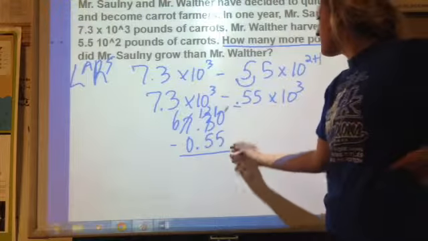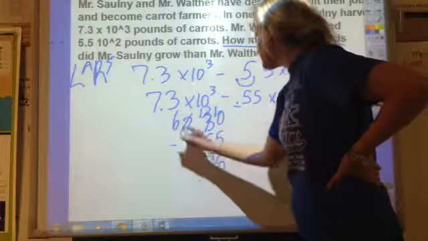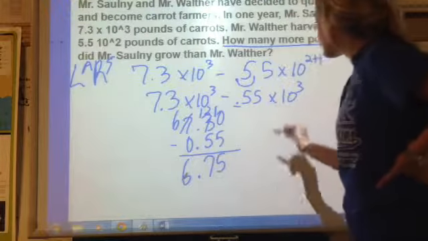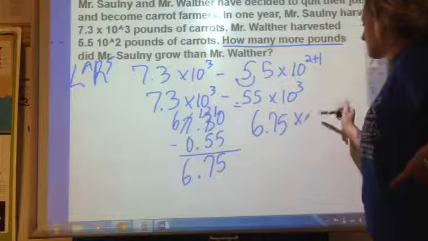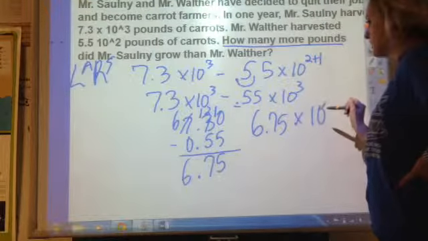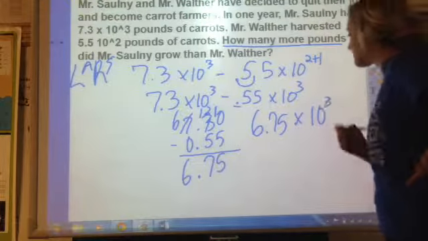So I have 10 minus 5, which leaves me with 5. 12 minus 5, which will leave me with 7. 6 minus 0 leaves me with 6. So my new coefficient is 6.75 times 10 to the third power.